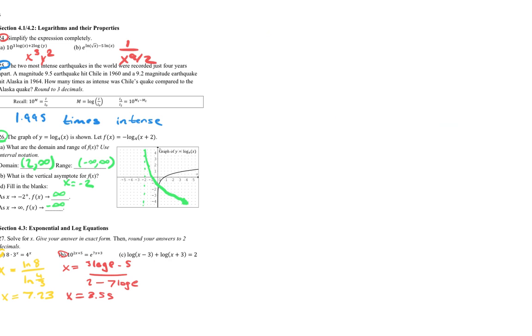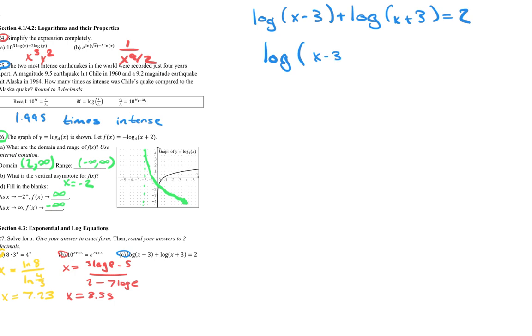Okay, so moving on to part C, we have log of x minus 3 plus log of x plus 3 equaling 2. The first thing we should see is that we have two logs that are added. So it's the same thing as if it was log of x minus 3 times x plus 3 equaling 2.